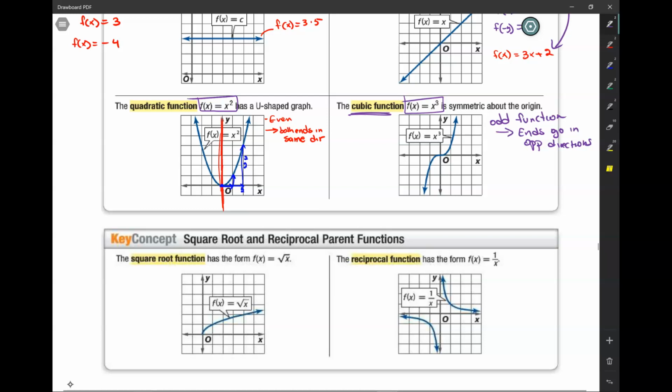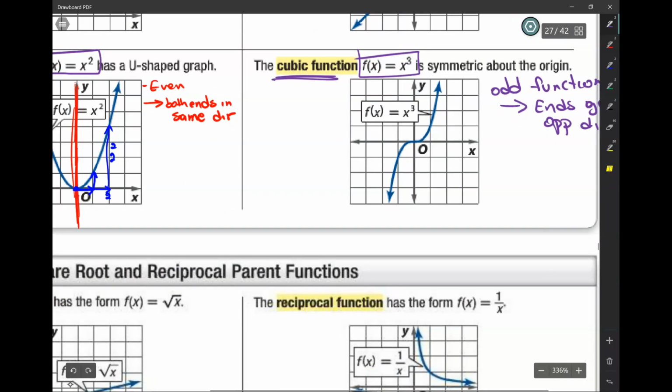So, if I go from the center point to the right 1 unit, now that's movement of positive 1, right? Because I went over 1 unit to the right. So this is a shift of positive 1. My function cubes that, and I go up 1 cubed, right?